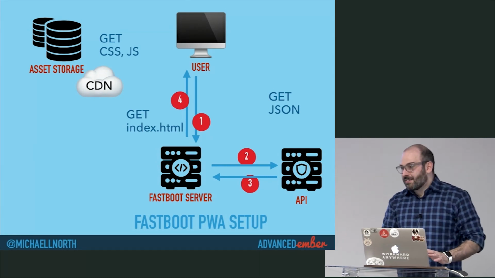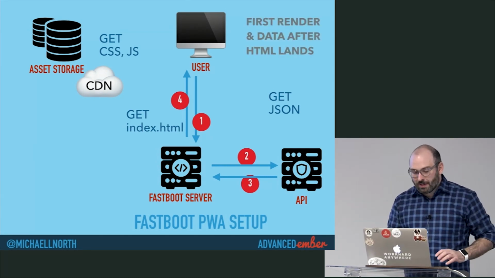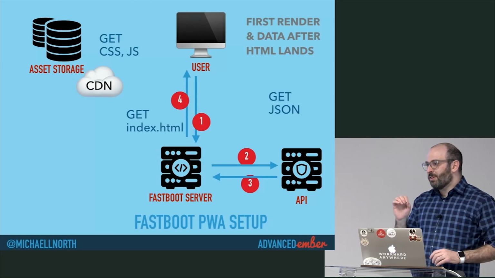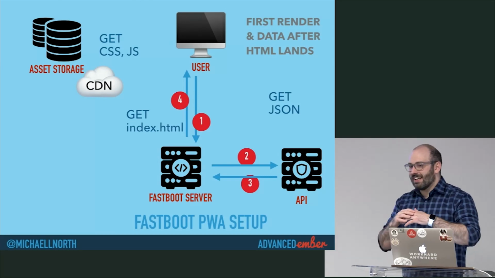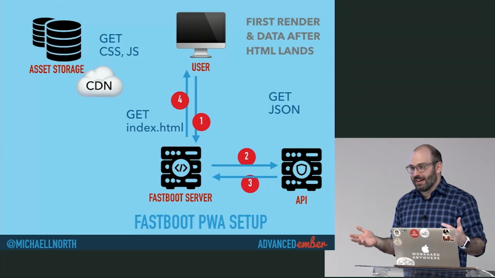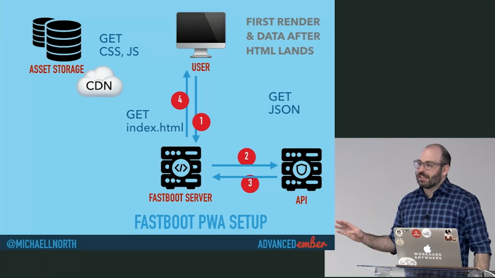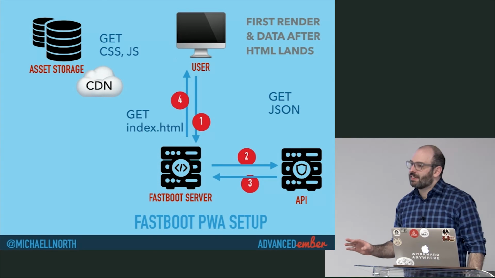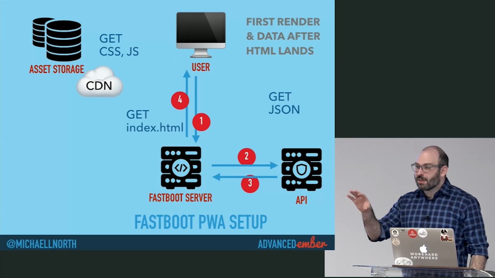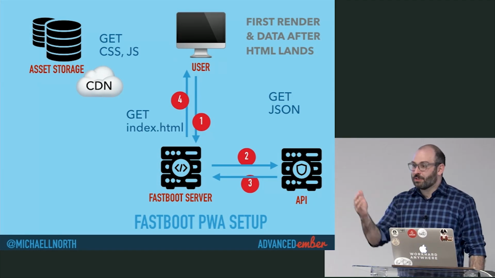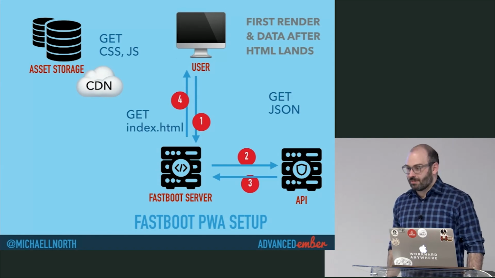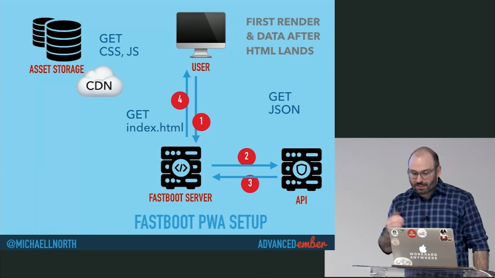So at this point, you've got your HTML, and if you've used HTML semantics to your advantage, meaning your page still looks pretty reasonable without external CSS, you could see something here that would allow a user to begin reading an article or something like that. So text is on the screen.